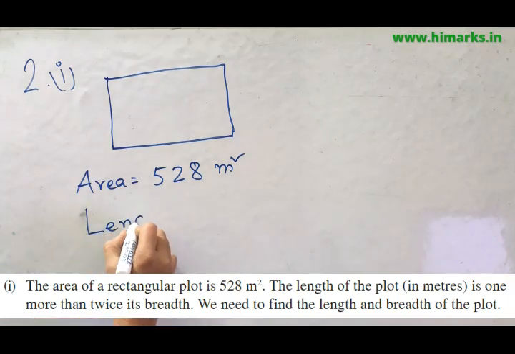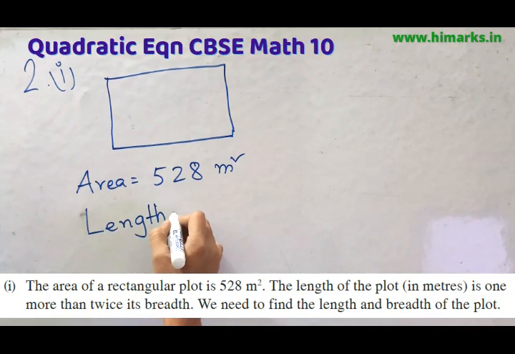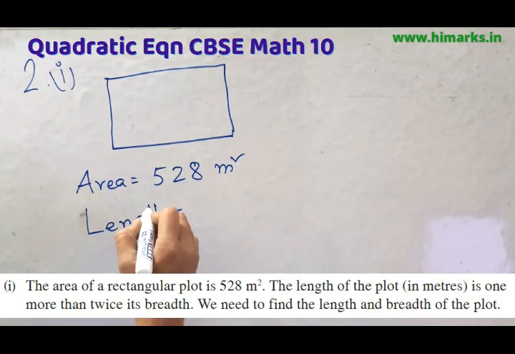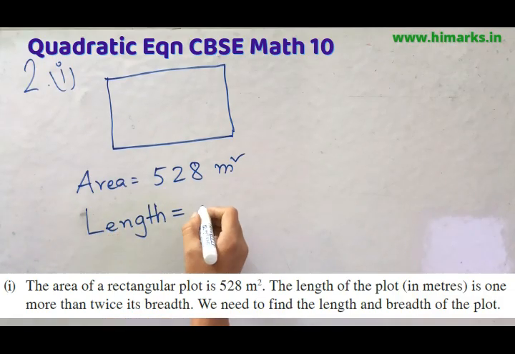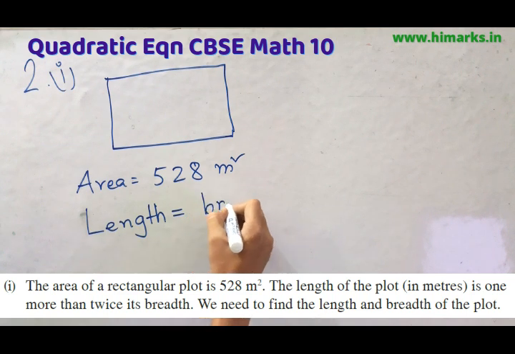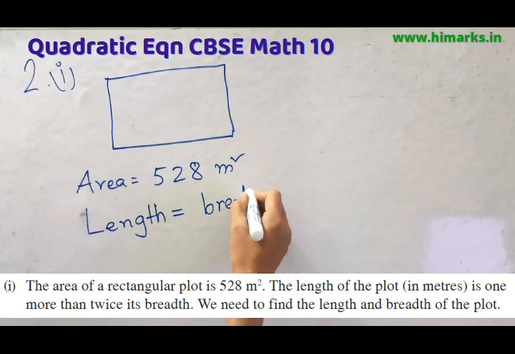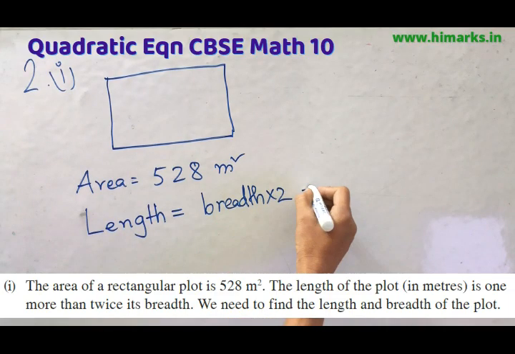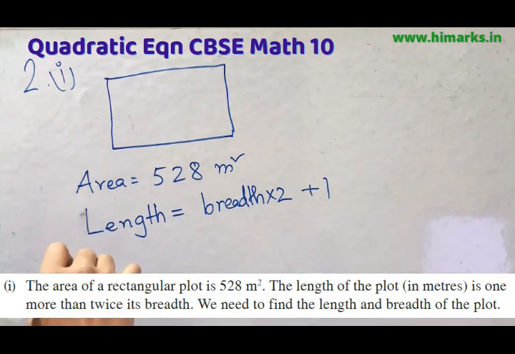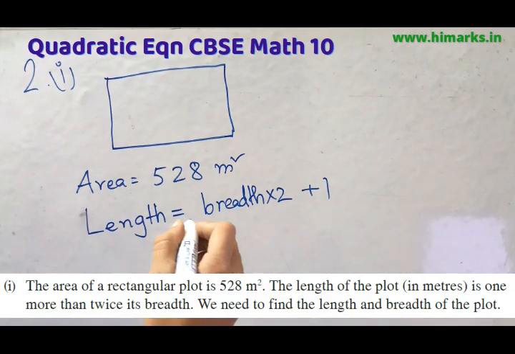So now let us see the condition. Length is in meter one more than twice its breadth. Means breadth twice plus one, more than twice of its breadth.